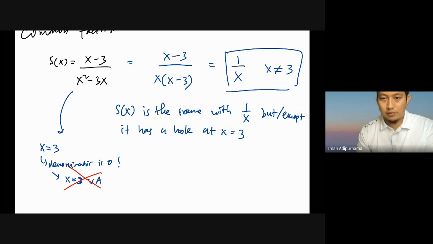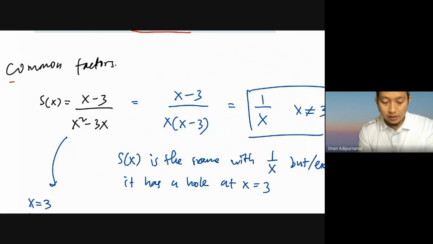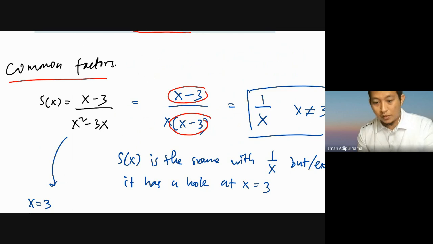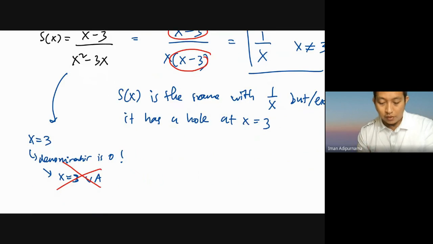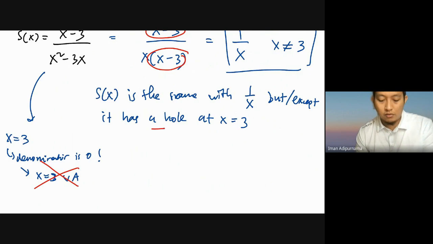When this happens, it's called a common factor. It's actually not something over 0, but 0 over 0. So when this happens, you cannot conclude that it's a vertical asymptote. Instead, it is a hole.